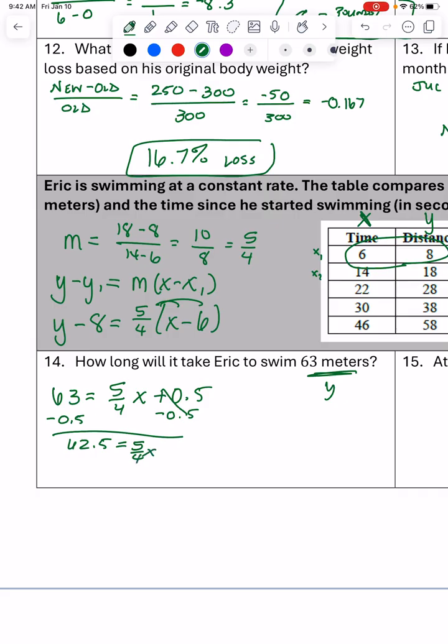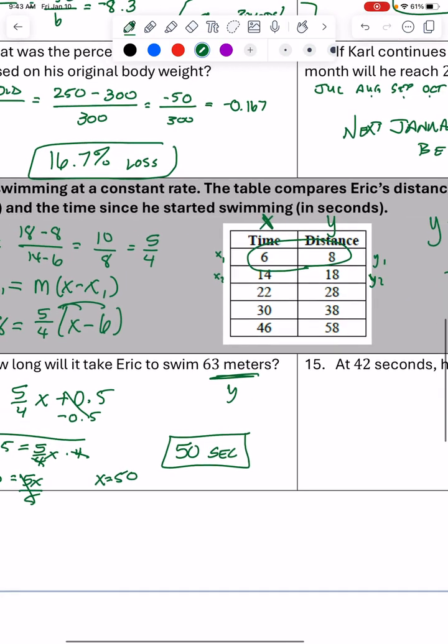Okay, now to get rid of this, we can multiply by 4. And then divide by 5. So we get x to be 50. So it would take him 50 seconds to go 63 meters, okay?